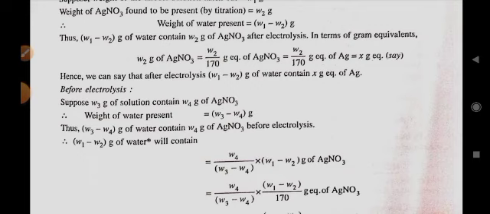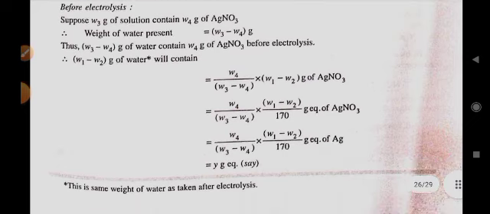Before electrolysis, suppose W3 gram of the solution contains W4 gram of AgNO3. Weight of water present is W3 minus W4 gram. Thus, W3 minus W4 gram of water contains W4 gram of AgNO3 before electrolysis.